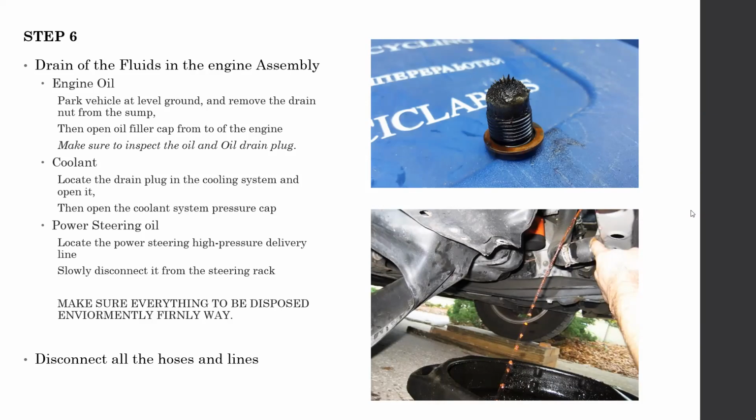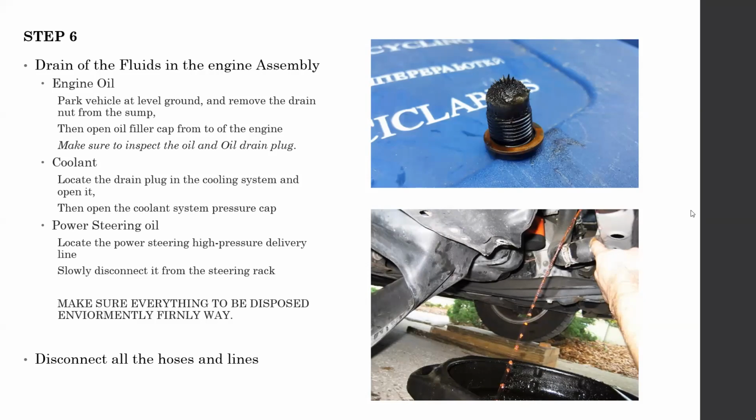Okay, in the coolant also you can do the same thing. Locate the drain plug in the cooling system. Usually this is located at the lower tank of the radiator, near the ground, and open it. After opening it, you can also open the coolant pressure cap. Once you do so, the coolant will start to flow out. In order to remove the power steering oil, there's no drain plug.